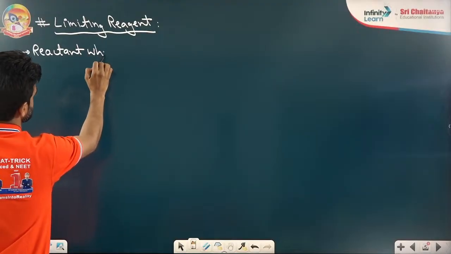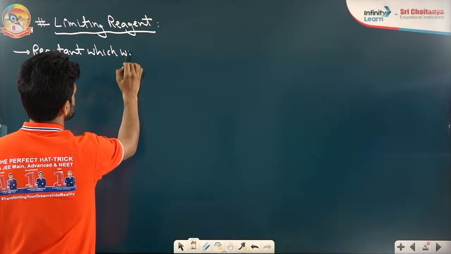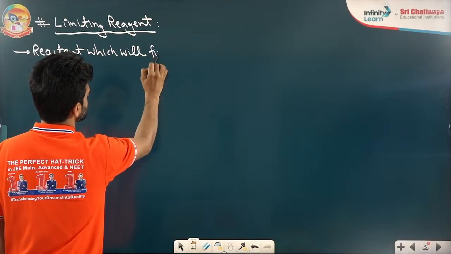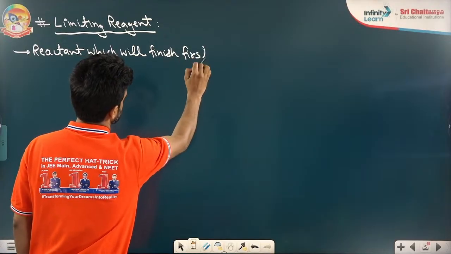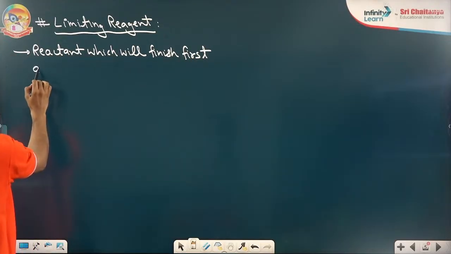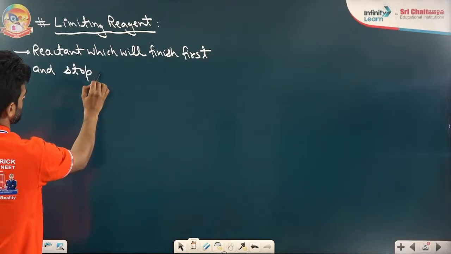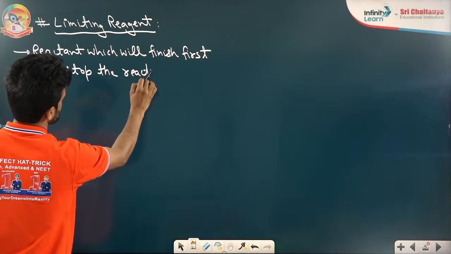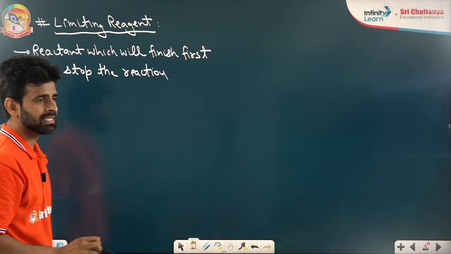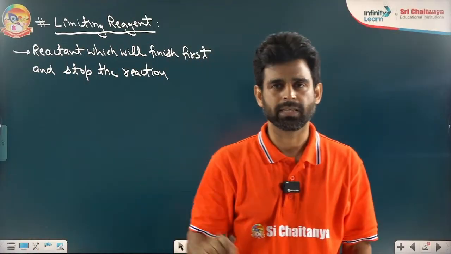Out of the 2 or 3 reactants, the reactant which will finish first and stop the reaction. So you can say that the limiting reagent is that reactant which will finish first and stop the reaction.